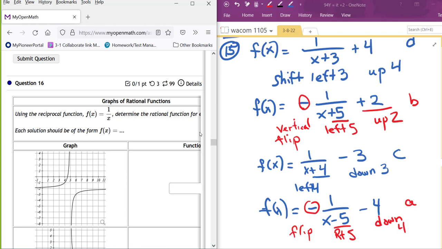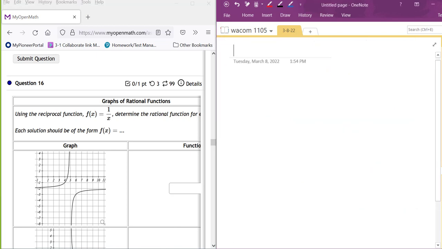All right, so I think we're okay with time. So we'll go ahead to 16.